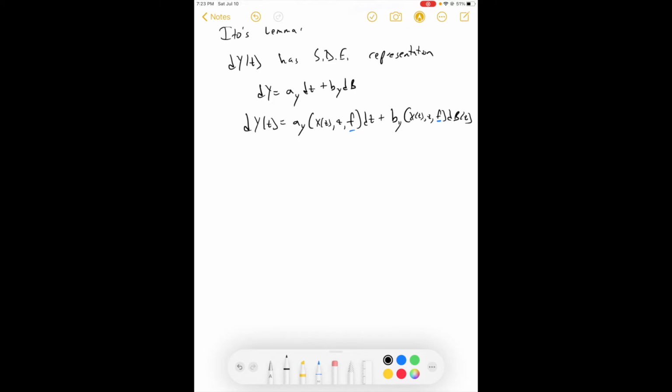So one more step out, y of t is equal to the integral from 0 to t of a sub y of x of s, s and f ds, plus the integral from 0 to t of b sub y of x of s, s and f dB of s. So again, we're going to write this, but we really mean this.